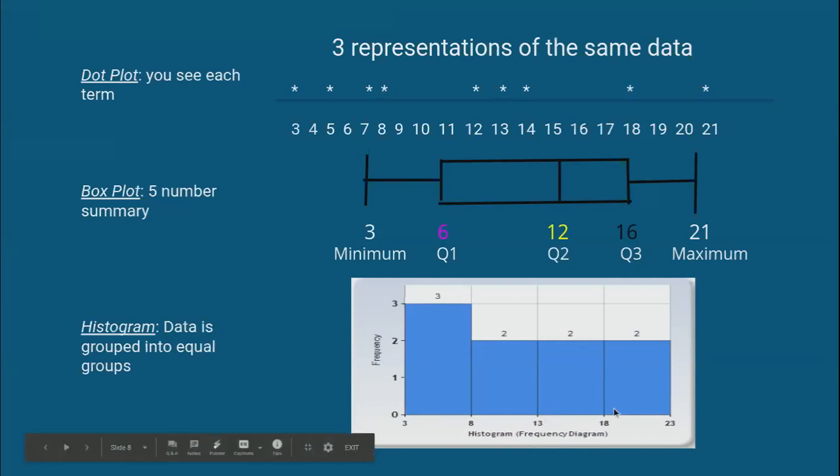And 2 of them fall between 18 and 23. Because we see 23 not even in our data set. Our data set ends at 21. So again, we don't know if we just had this graph what those 2 terms are, but we know that there are 2. Okay, so again, the dot plot shows individual terms. The other 2 don't speak to individual terms, but you still have an idea of what the data looks like.